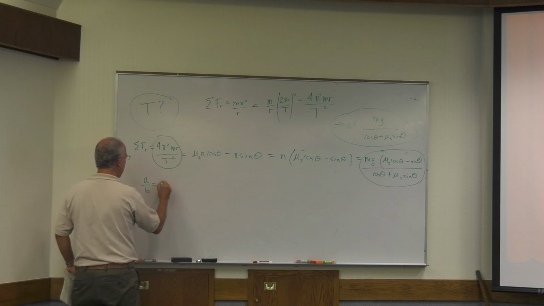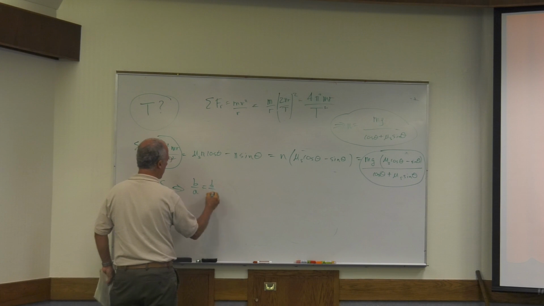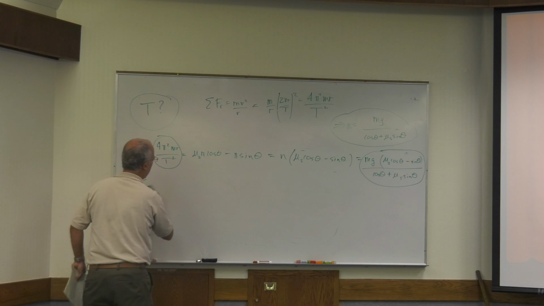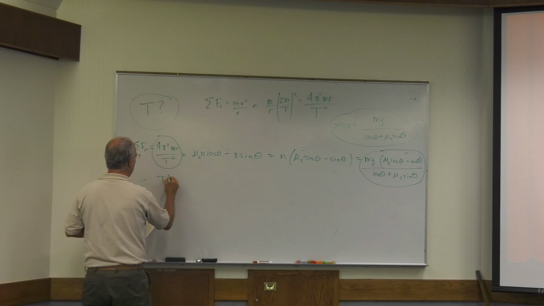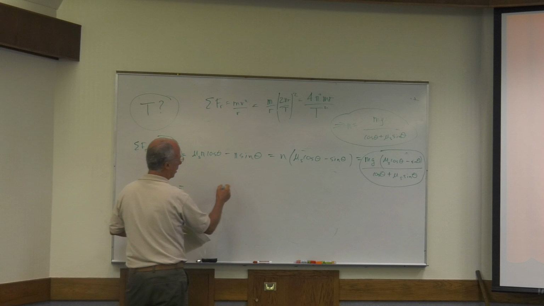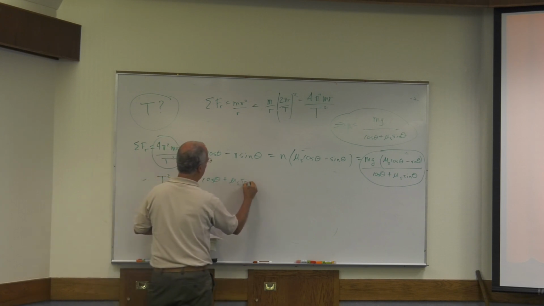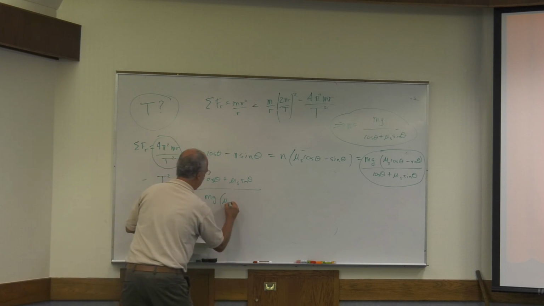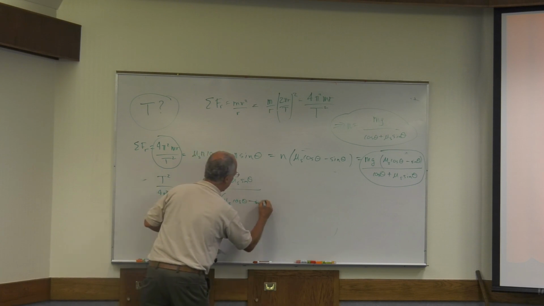If a over b equals c over d, then b over a equals d over c. So I'm going to say that t squared over 4 pi squared mr equals that crazy thing, cos theta plus mu s sine theta all over mg times mu s cos theta minus sine theta.